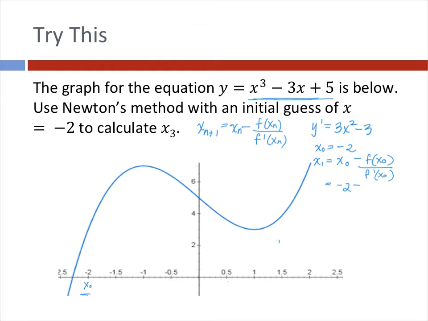And so we plug -2 into our original function. And if we do that, we get -2 cubed is going to be -8. And then -3 times -2 is going to be +6. So that's -8 plus 6 is -2. And then we're adding 5 is going to give us 3.